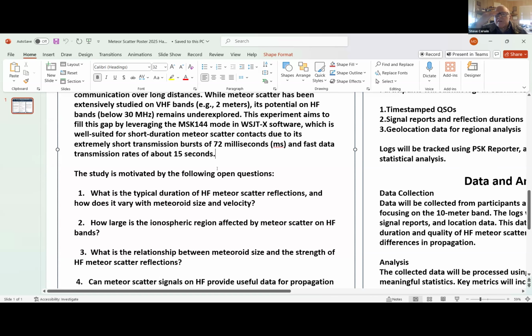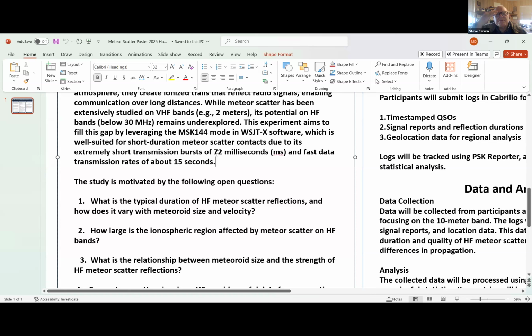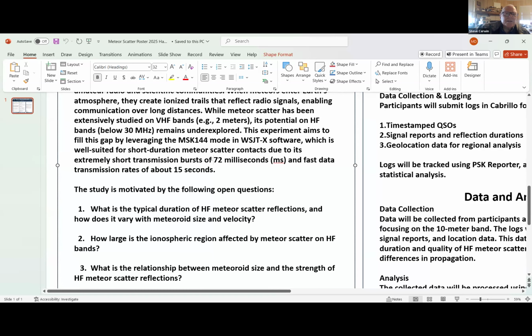Is that going to be enough sampling to even answer that first question? I mean, the burn is typically longer than 72 milliseconds, but a lot of them won't last 15 seconds, as I recall. In other words, is the mode that you've picked suitable to answer that question? The transmission length is really short, 72 milliseconds. They only happen every 15 seconds. What if you had a 5-second burn? You could miss the whole thing.